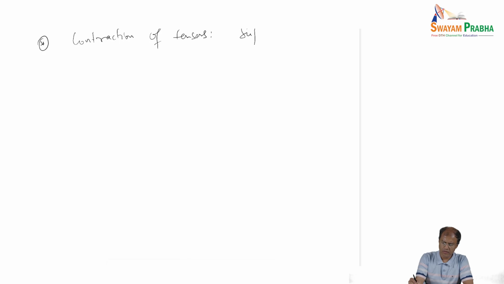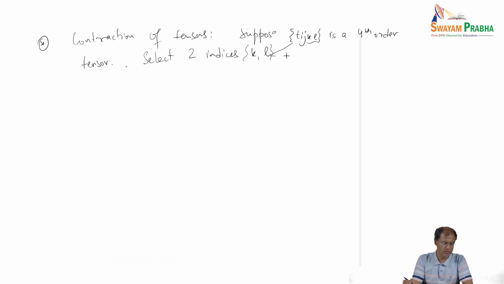Suppose Tijkl is a fourth order tensor, and let us say we select 2 indices, k and l, and set them equal. So now our tensor is Tijmm.